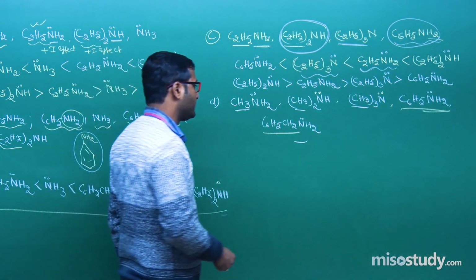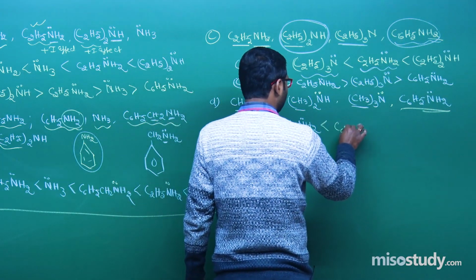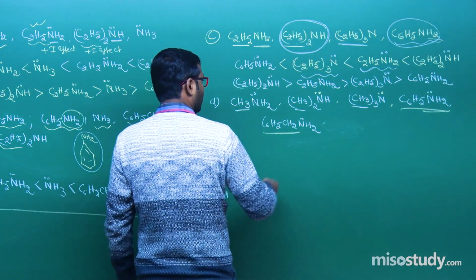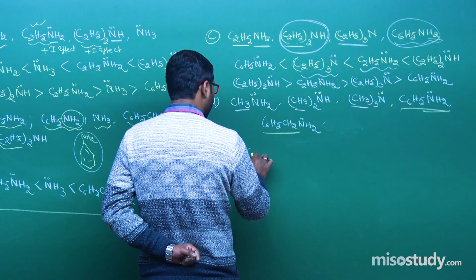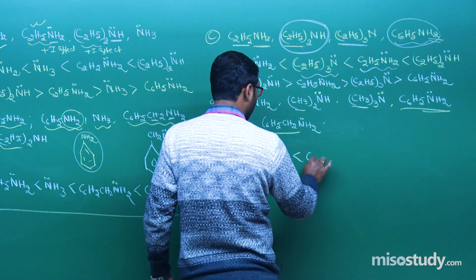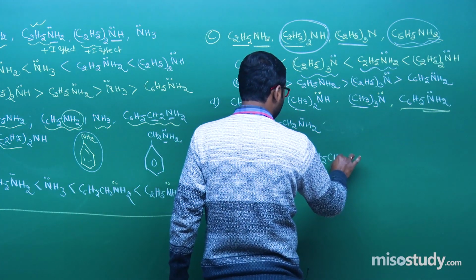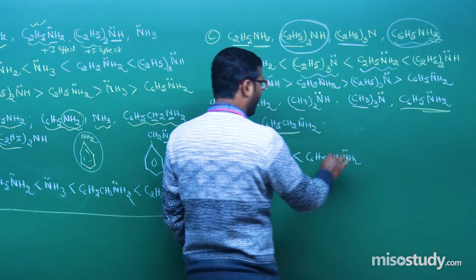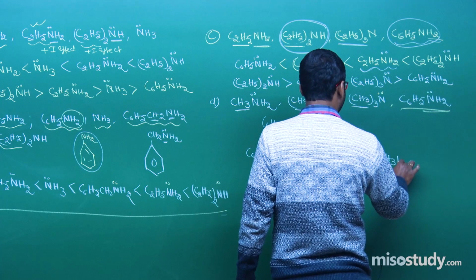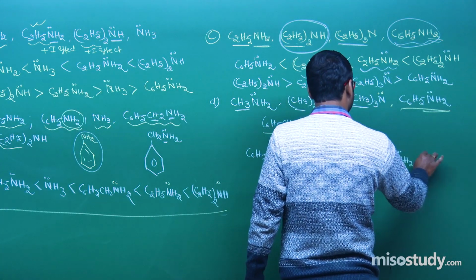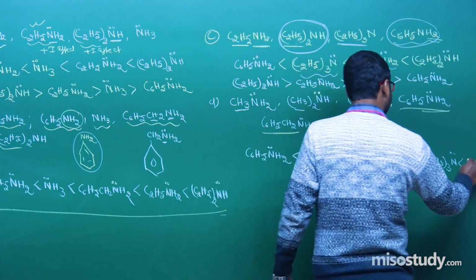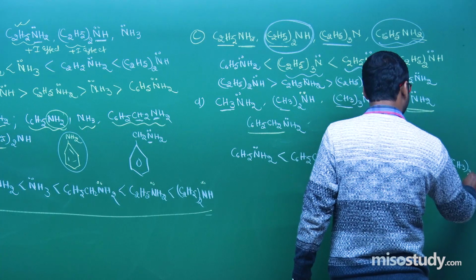Now the second one is C6H5CH2 less than C6H5, pardon my friend. Then the order will be C6H5NH2, then there comes C6H5CH2NH2, then comes CH3NH2, then there comes (CH3)3N and 2 degree (CH3)2NH.